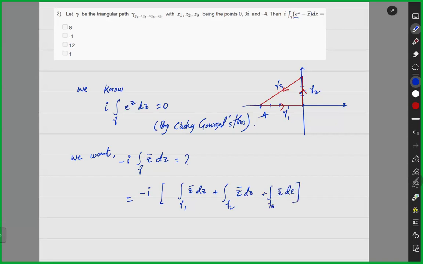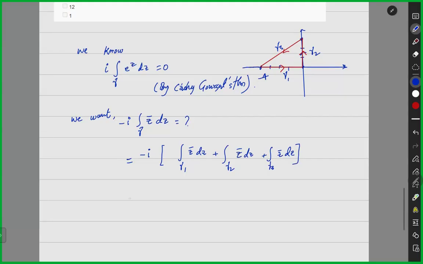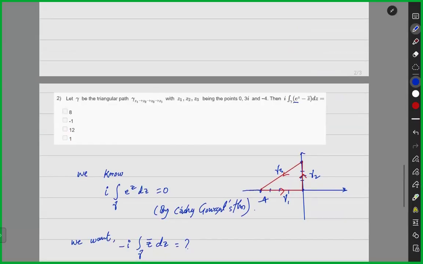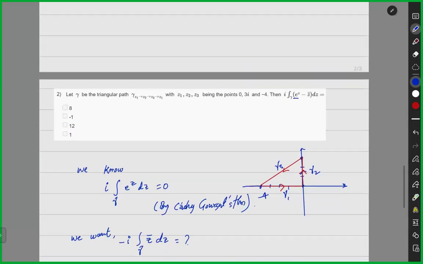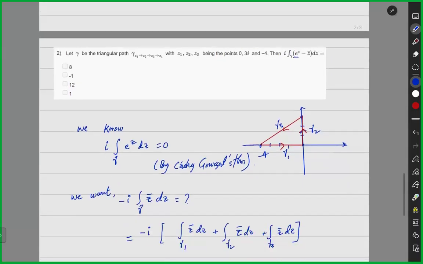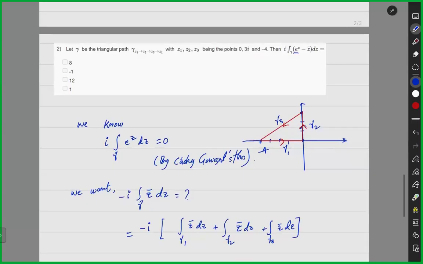Now, after this, we can write what gamma 1, gamma 2, and gamma 3 are.